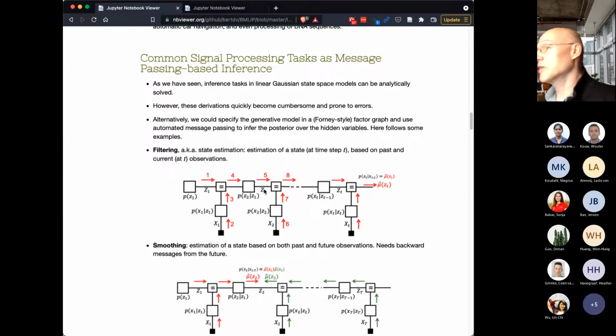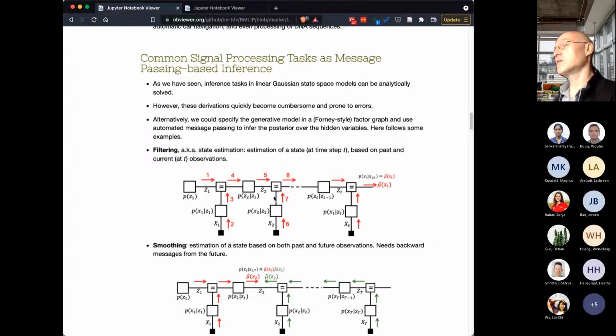It's in a sense a prior for this state because I haven't observed X2 yet. But once I observe X2, then this message 6, once it passes through here and I integrate out over X2, I get a likelihood function for Z2. And this likelihood function, message 7, plus the prior, by Bayes rule delivers message 8. What is message 8? It is the probability for Z2 given X2 and given X1, and so on.